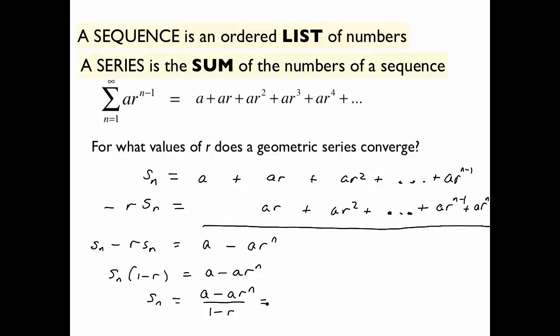And I'm going to split this up into two fractions. A over the denominator minus AR to the n over the denominator. So remember, R to the n is a lot like P to the n, right?